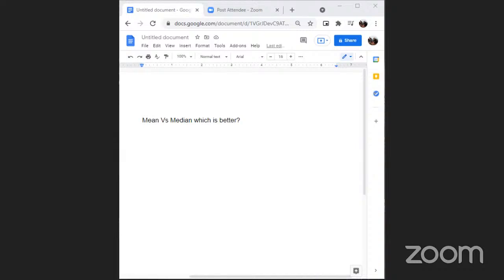All right, so let's go for the next question. There's always a debate between mean and median, which has to be considered. This is another question: which one is better, mean or median, which helps you better in making assumptions and right inferences?